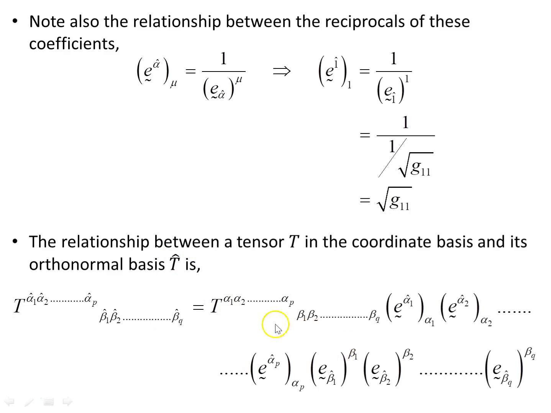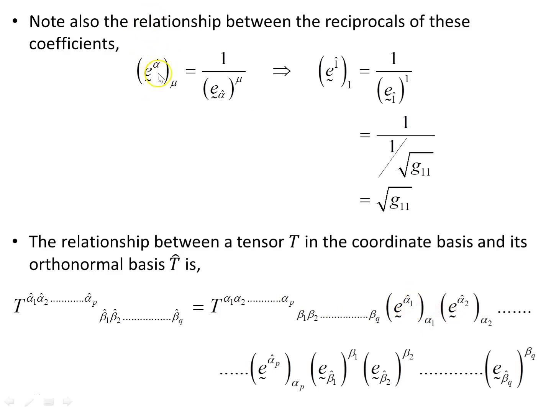So here's our tensor. This is a mixed tensor of rank P contravariant and Q covariant in the coordinate basis. If we want to transform it to the orthonormal basis, because we may need to make some predictions about what we are going to observe, then we need to multiply by each of these coordinate basis components. For the upper ones, alpha 1, alpha 2, up to alpha p, we multiply by these objects here.